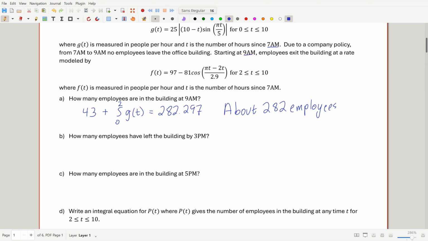What t value is 3 p.m.? All right, so we are going to integrate from what to 8? 2 to 8, because nobody has left the building before then. If you integrated from 0 to 8, you'd have people following this function leaving the building for those first 2 hours, and you would get probably too big of a number. So 2 to 8 of y2, if that's how you did it.